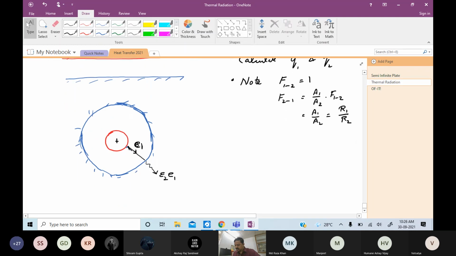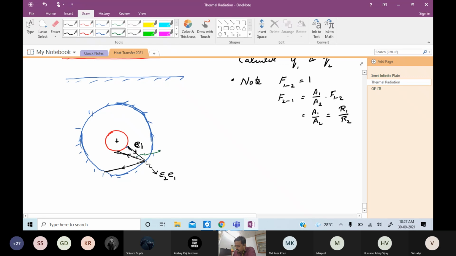All right. Now let us come back to what we were seeing here. So therefore, this reflected ray will have two parts. One that goes back to surface 1, and the other which gets reflected to itself. Okay.